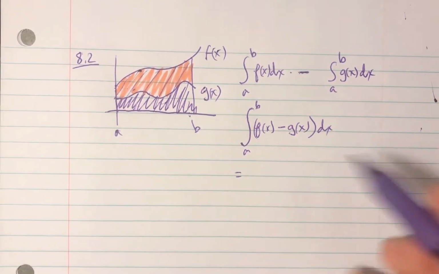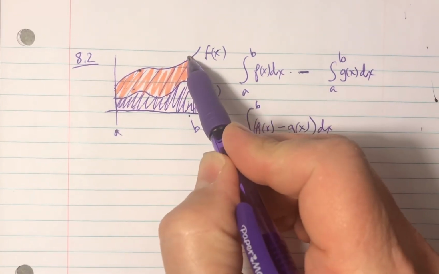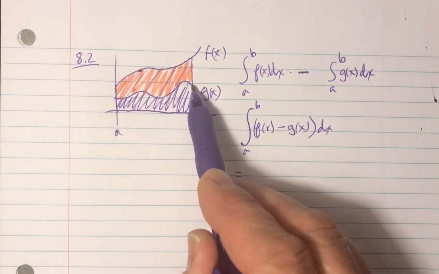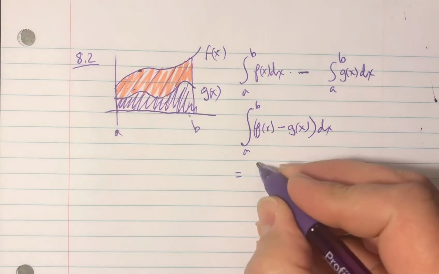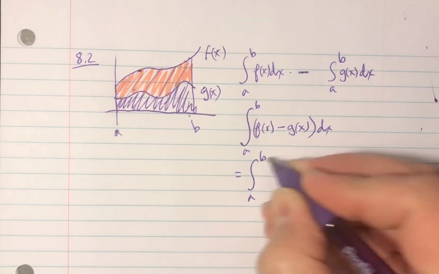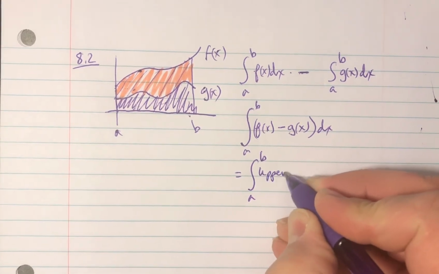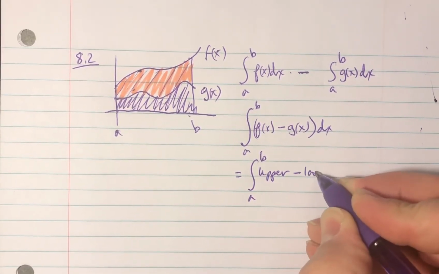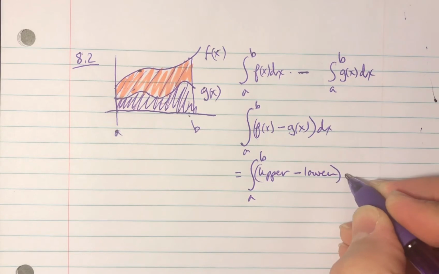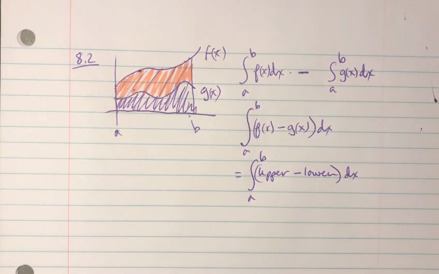Now, if you notice, f of x is the upper function and g of x is our lower function. So what we can remember then is to find the area, all we need is the upper function minus the lower function with respect to x.